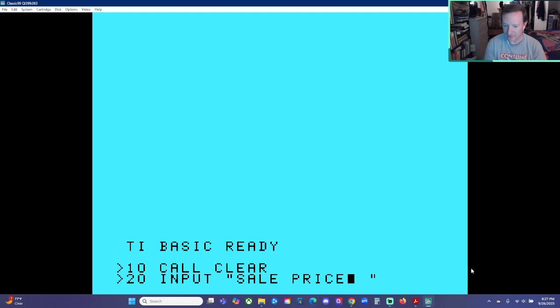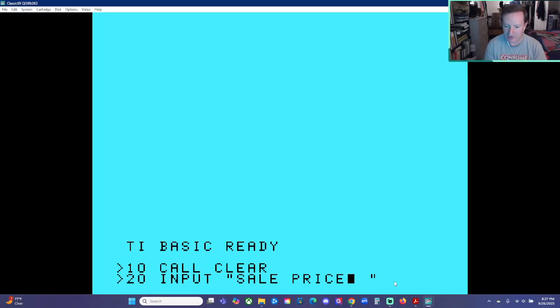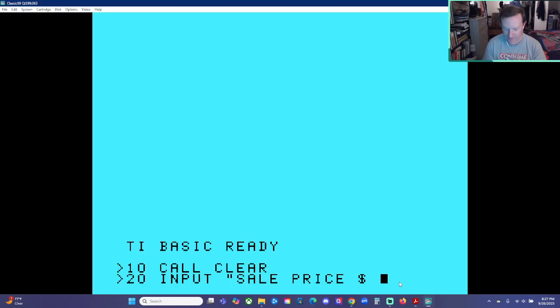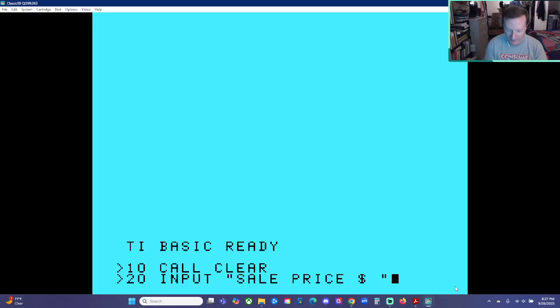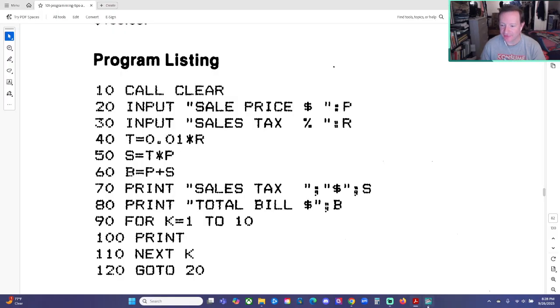Actually, we need... let me look at that a little more carefully. Yep. Okay, we need to make a modification here. Sale price space $, then we have a space, quote, and we'll call that the numeric variable P for price. There we go. Looks like the version in the book. I'm trying to type these in exactly as they're written in the book.